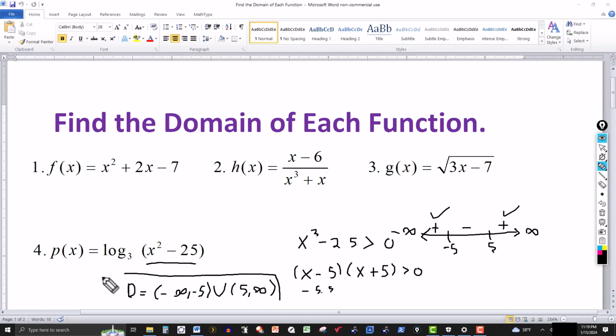And this is my solution set. Negative infinity to negative 5 union 5 to infinity. And remember, because I have parentheses on the negative 5 and on the 5, those are not included, because 5 would give me a 0. Negative 5 would give me a 0 in there. And the log of 0 is not defined, no matter what the base is.